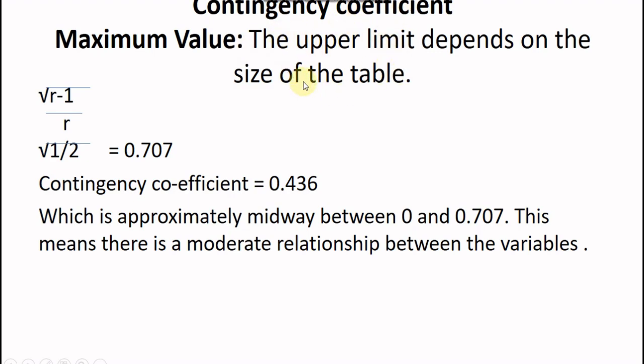At that time, there is an upper limit depending on this formula, that is the square root of (r minus 1) divided by r. So if you have 5 rows, 5 minus 1 divided by 5 within the square root. For example, the contingency coefficient value is 0.436. This value is midway between 0 and 0.70. So there is a moderate relationship between these variables.